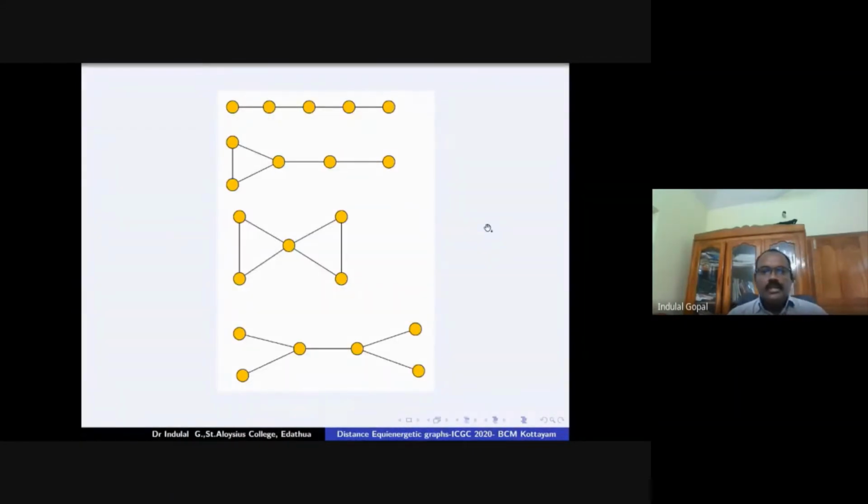Now in our next discussion, we see these 4 graphs. We call them F1, F2, F3, and F4.